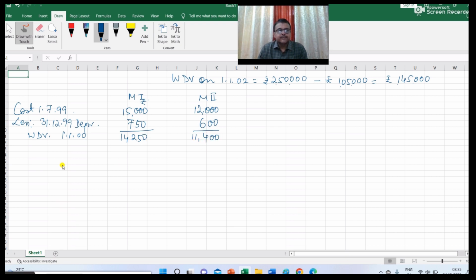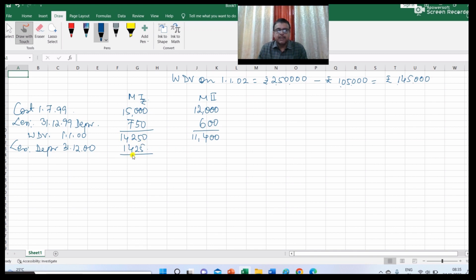11,400. Then again we have to charge depreciation on 31st December 2000, which will be 1,425. The rate of depreciation is 10% on written down value of the machine, which is 14,250.